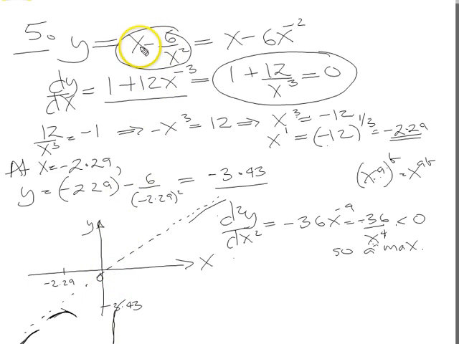On the negative side, if I put minus 0.1 in, the squared term is again 0.01, 6 over 0.01 is 600, which is dominant, and minus 600. So again it would shoot off down there, to negative infinity.